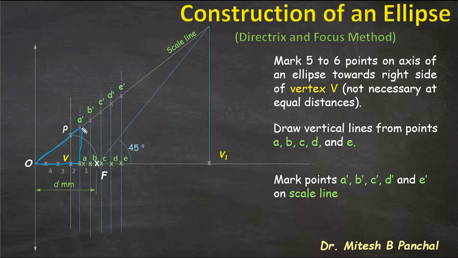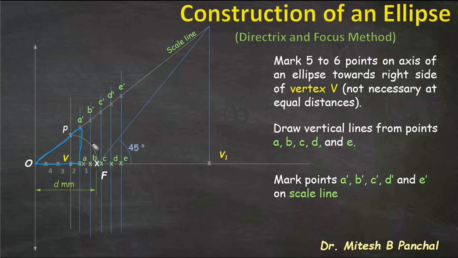So here A dash divided by OA, that slope will be 2 by 3. Similarly, if you consider OB dash, then B dash divided by OB will be 2 by 3. Same way E dash by OE will give you the slope equal to 2 by 3.